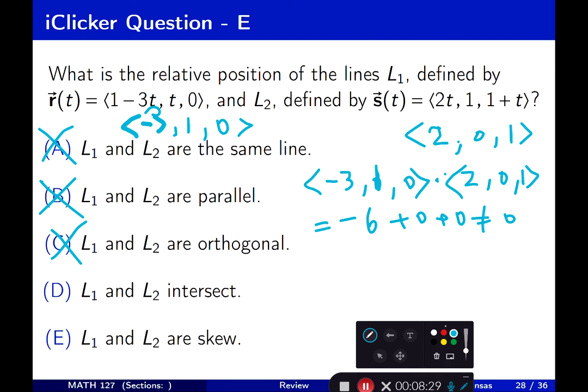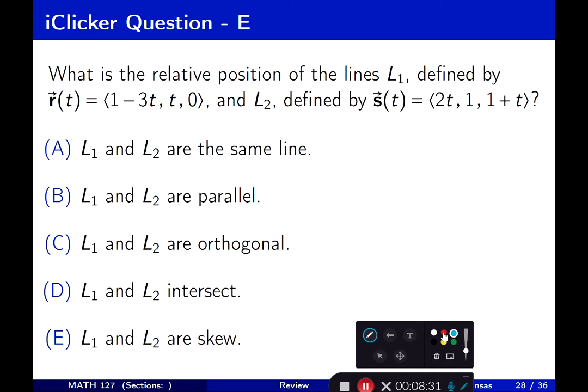So how do I solve? Let's get rid of everything else. I set 2t equal to 1 minus 3s. Then set the y values equal to each other, changing this part to s, so 1 is equal to s.